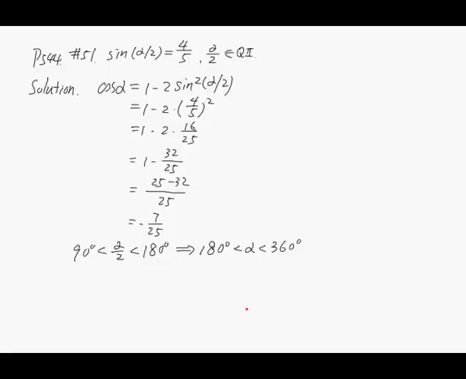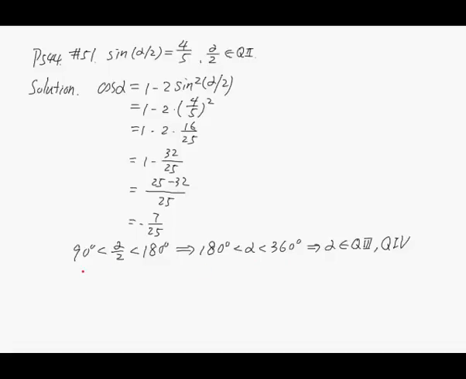So this implies alpha is in either quadrant 3 or quadrant 4, and in these two quadrants, sine is negative.